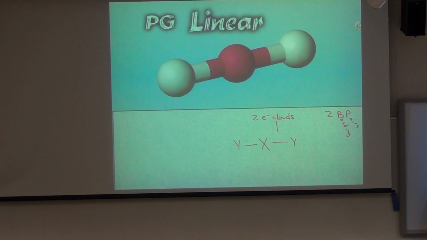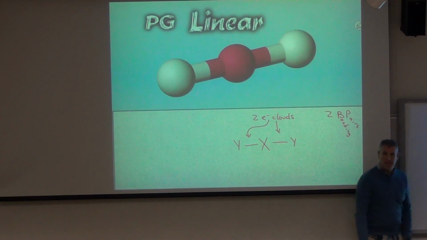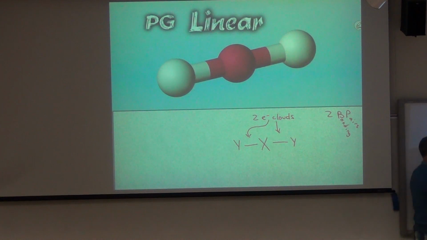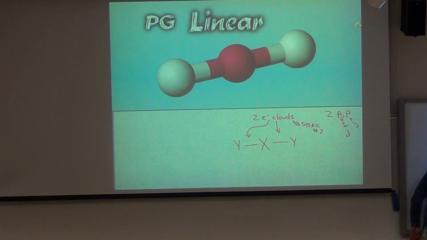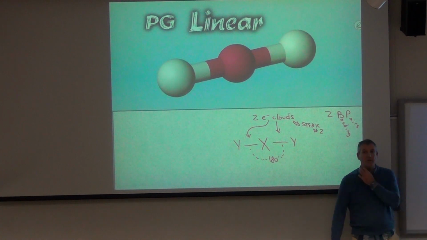So two electron clouds, this guy and that guy, which gives us the steric number of 2. And 180 degrees between the bonding pairs.